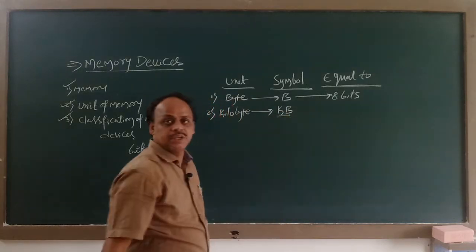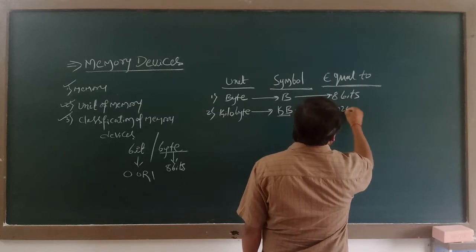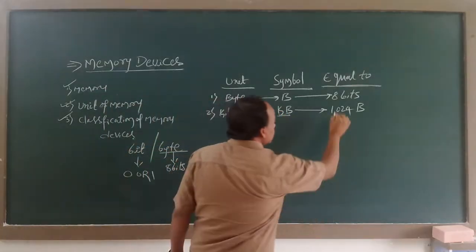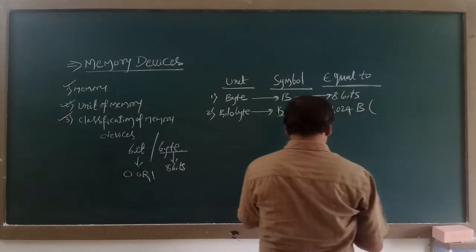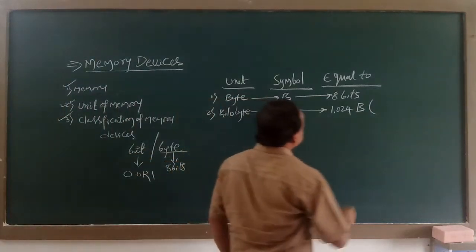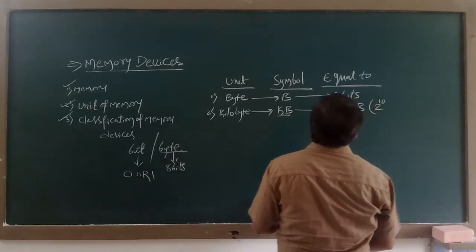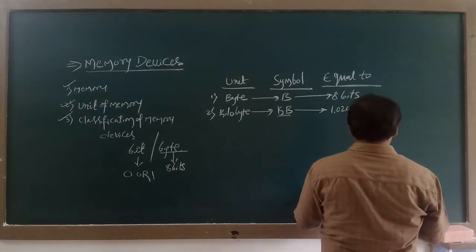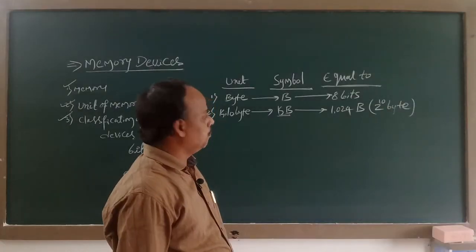This KB represents kilobyte. 1 KB can be represented as 1024 bytes, and it is also indicated by 2 power 10 bytes. 2 power 10 means 1024 bytes.